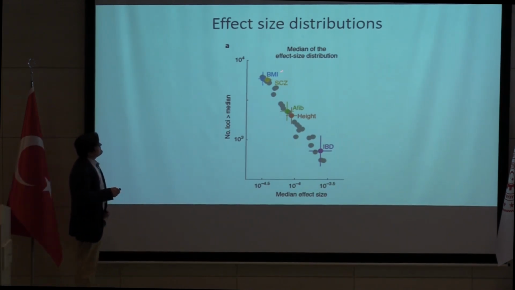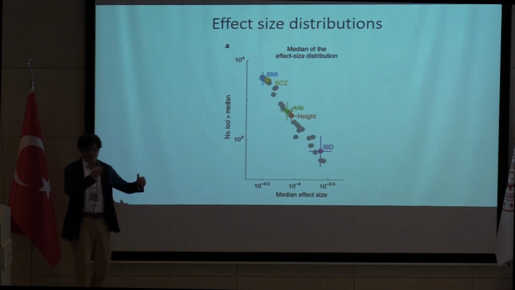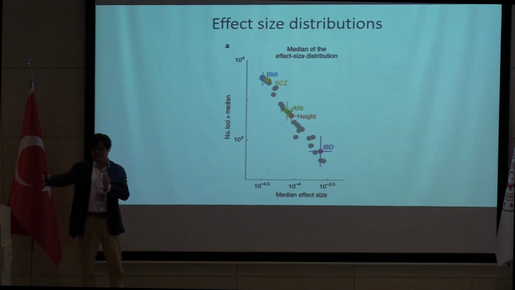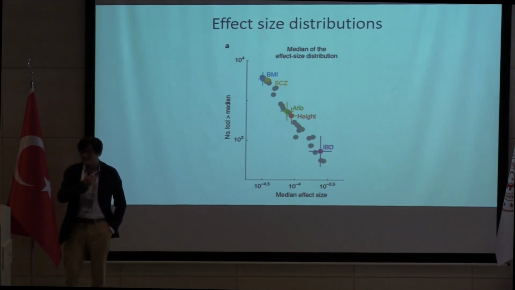So this is body mass index, another classic anthropometric measurement. This is the risk of schizophrenia. Again, almost 10,000 loci at the median. So obviously below the median we have less than above the median. So there are probably a few dozen thousand loci. And this is inflammatory bowel disease, which is a little less polygenic, about say 1,000 loci.